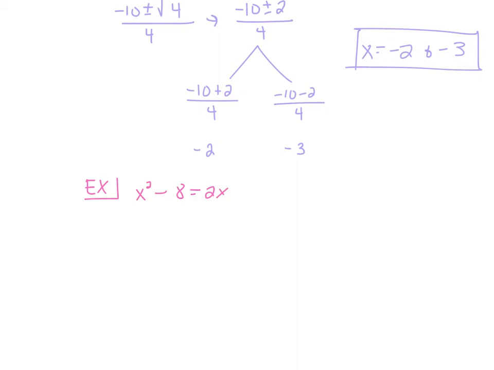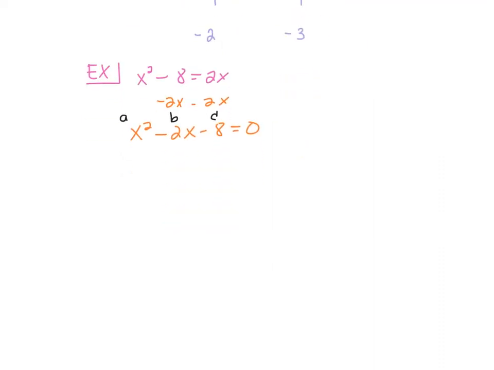So I need to subtract 2x. So we get x squared minus 2x minus 8 equals 0. Now I can see my a, my b, and my c. We can plug those into the quadratic formula.